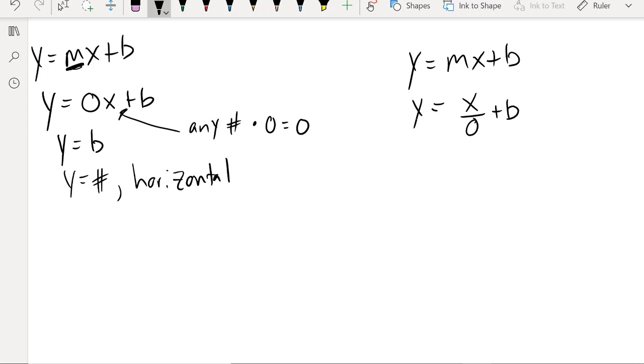It doesn't really do any good. But in order to make this work, let me just go ahead and do this. This is not as algebraically sound as the first example, but if it's over 0 and I multiply by 0, I'm just going to multiply by 0.